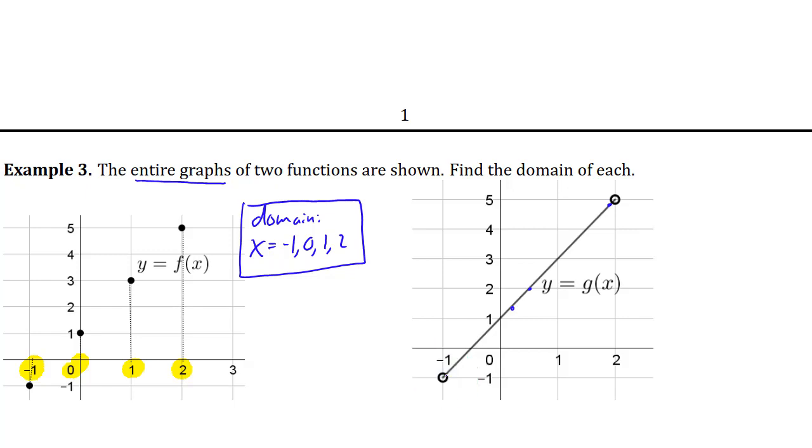But what do these empty circles mean? The empty circles mean that the graph gets really close to the point, but 2 itself is not actually on the graph.